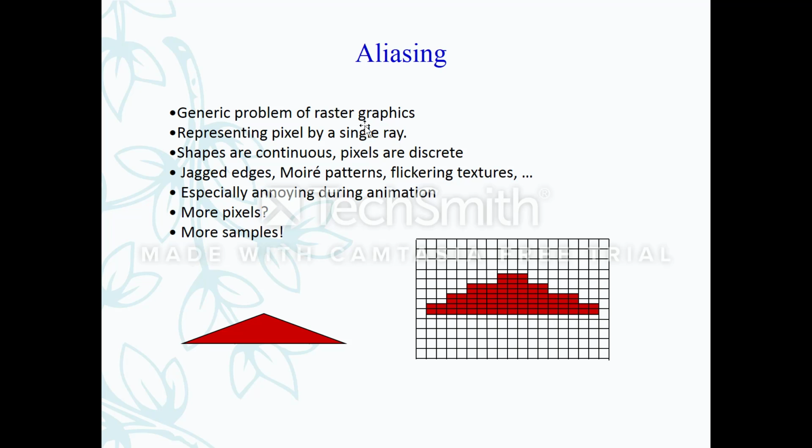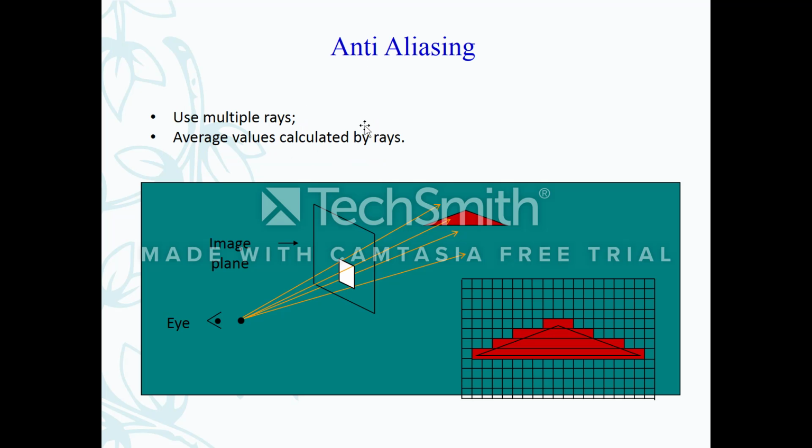That is called aliasing. This is called jagged edges. We cannot get a real sense when we see it in a picture. What is anti-aliasing? Anti-aliasing is nothing but averaging the pixels so that there is not much differentiation between the pixels.